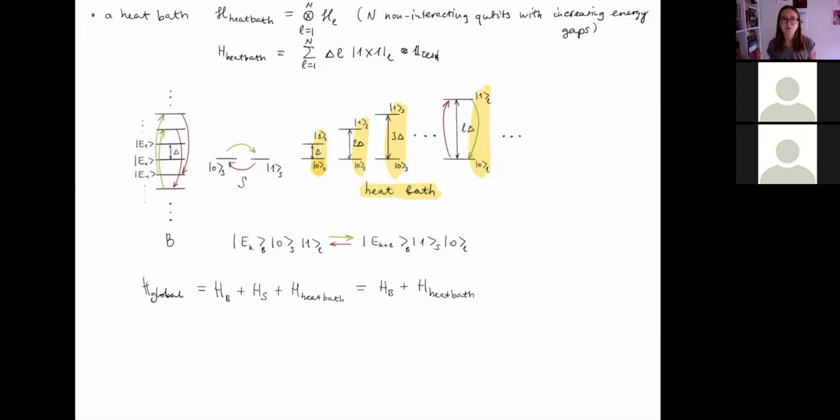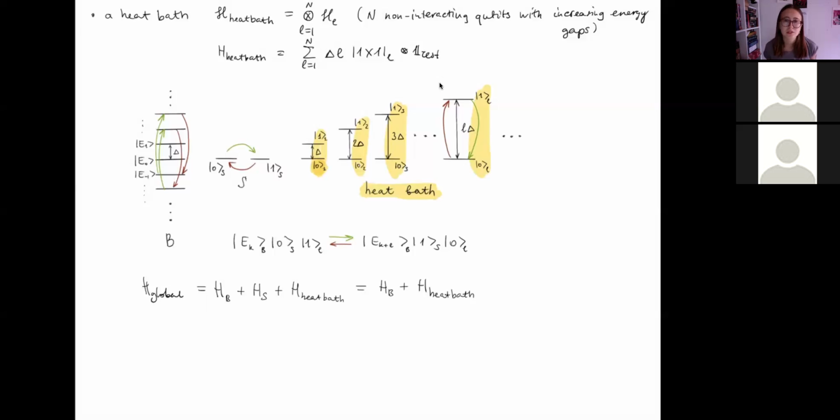We also have these two other systems, which are the heat bath, which is just a collection of qubits with increasing energy gaps, and a battery. The idea is that all the qubits in the heat bath start in thermal states, and the battery starts in a pure state, let's say in the state corresponding to the 0 energy.